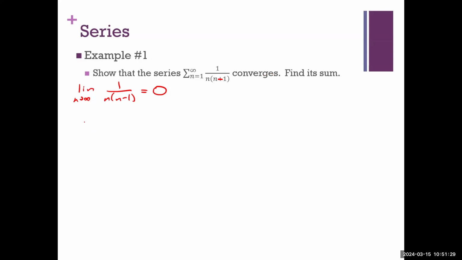I think that's a fantastic idea. So let's find the first two terms. So first term should be 1 over 1 times, this doesn't work. I got all kinds of typos in here. Let's start at n equals 2. So 1 over 2 times 1 over 2 times 1, right?